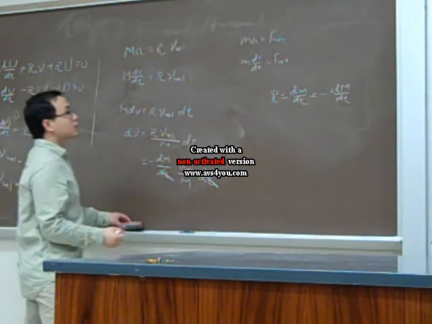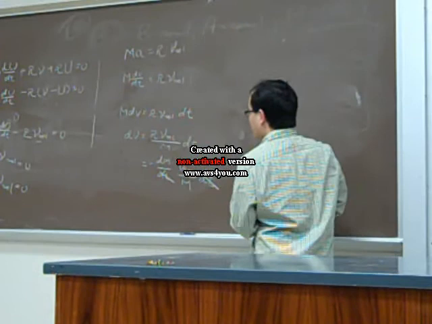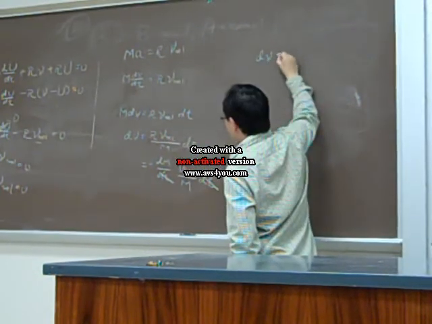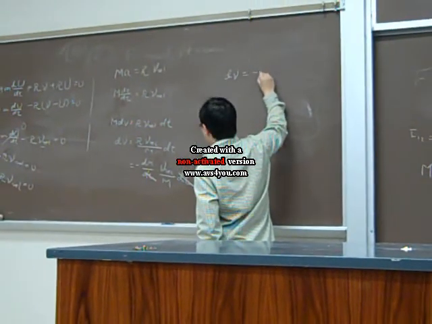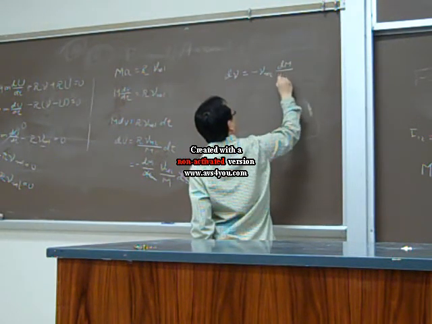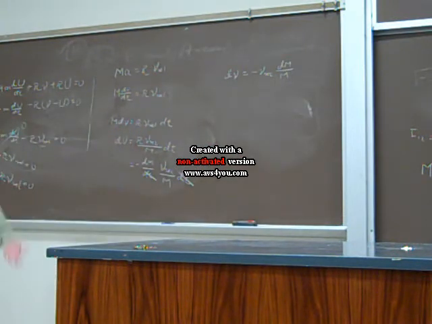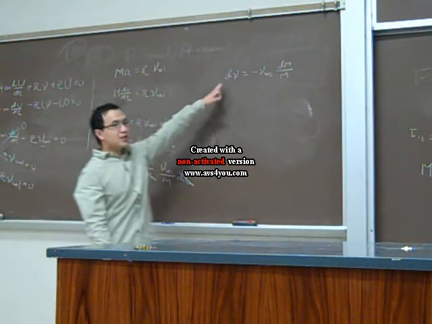Okay. So after this manipulation, we get dv equals negative v relative dM over M. And this is an integral we can do.